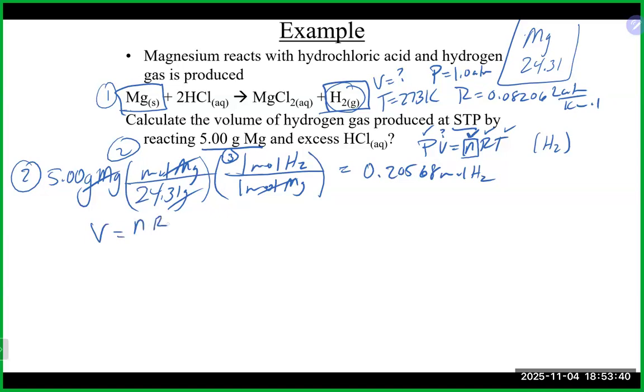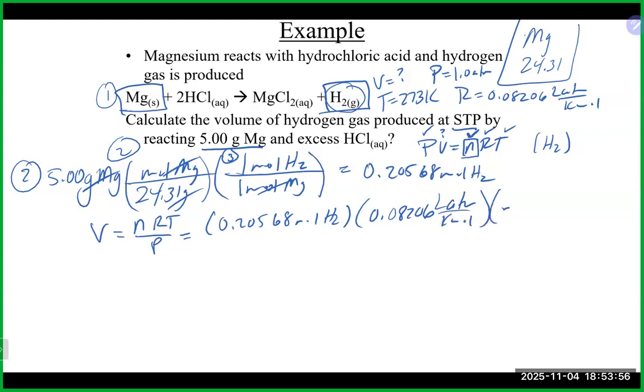We'll solve for V, nRT divided by P. Putting in our numbers, 0.20568 moles of hydrogen. Our R, 0.08206 liters atmosphere per Kelvin mole. Our temperature of 273 Kelvin. And our standard pressure there of 1 atmosphere.